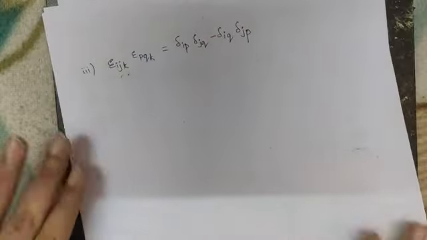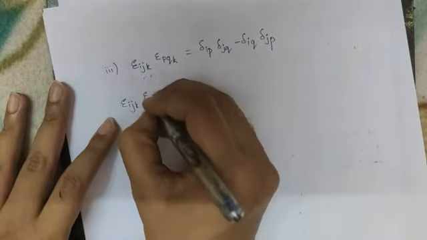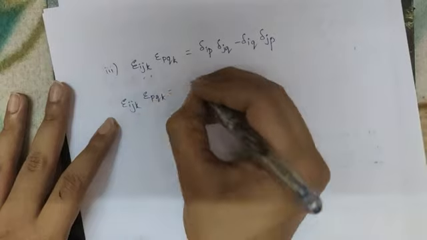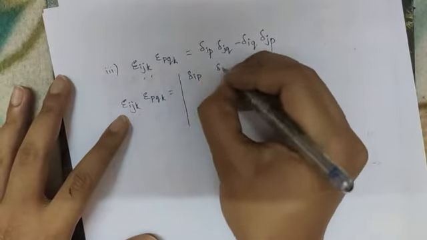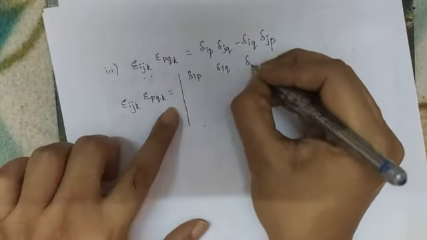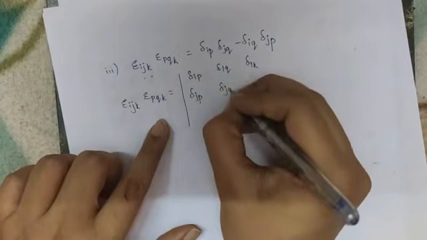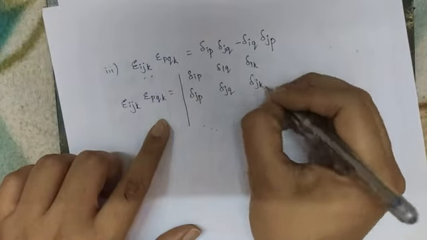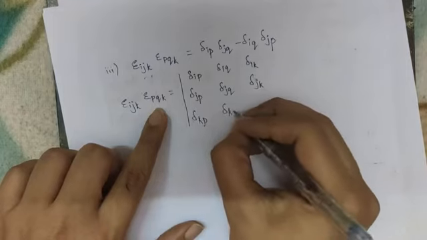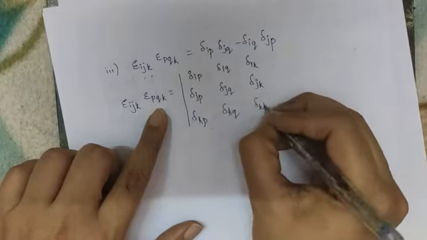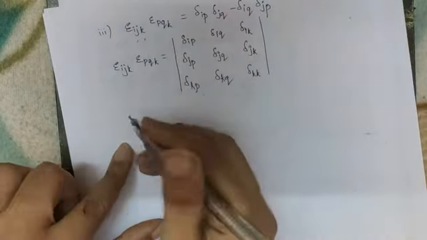Okay, so now we know that epsilon ijk epsilon pqk will be equal to the determinant of delta ip, delta iq, delta ik, delta jp, delta jq, delta jk, and delta kp, delta kq, delta kk. Right, so now find the determinant of this.